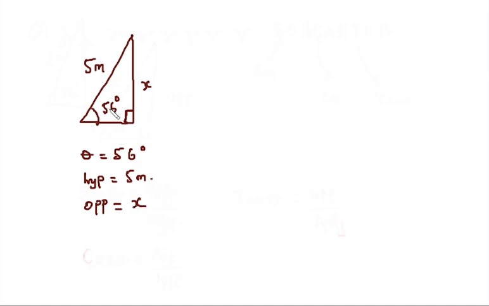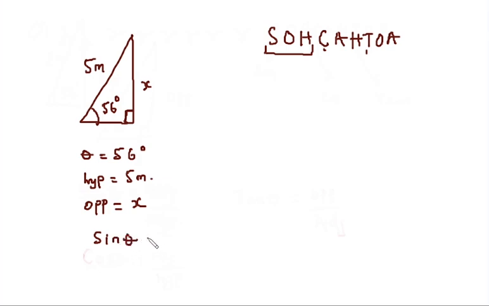Now to solve this kind of problem, you use SOHCAHTOA. In this case, we are looking for the opposite and we already have the hypotenuse. Which one links the opposite and hypotenuse? Sine is the one that links them. Cosine and tan do not link opposite and hypotenuse. So we are going to use sine here. Sine theta is equal to opposite over hypotenuse.